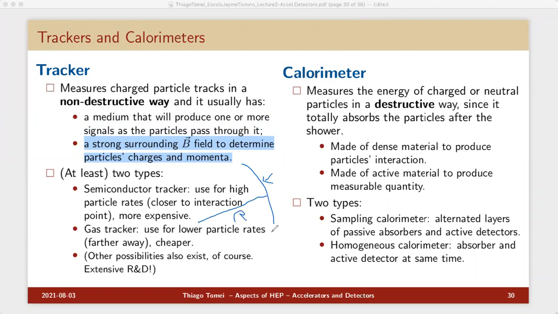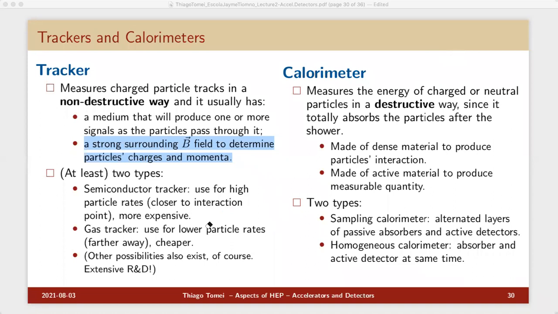And if you build your detector right, the particle may go through many layers of this detector. And then you can have multiple measurements that you can use to try to reconstruct this curvature radius. And then there are these two types that I have alluded to already: semiconductor trackers, which you can use for high particle rates.